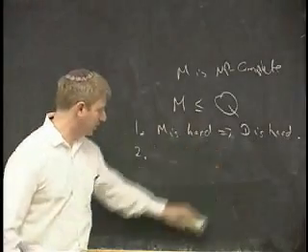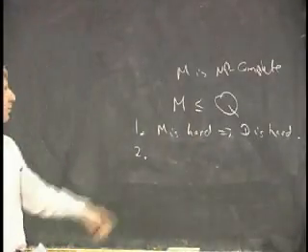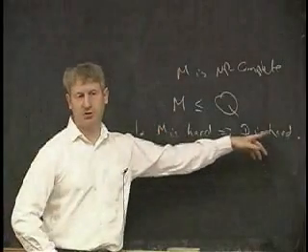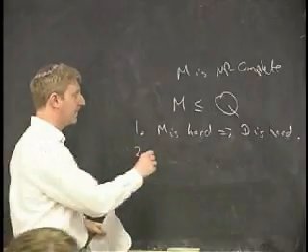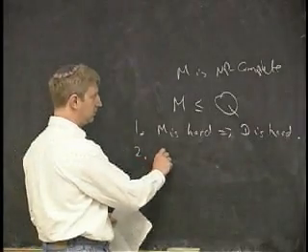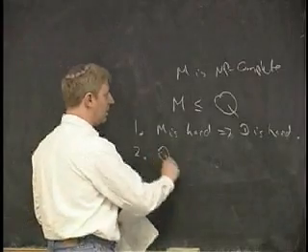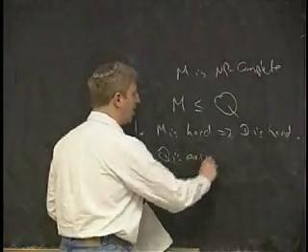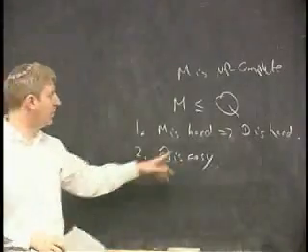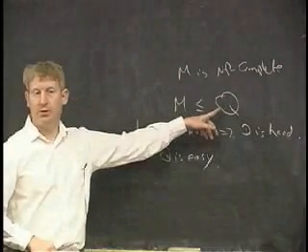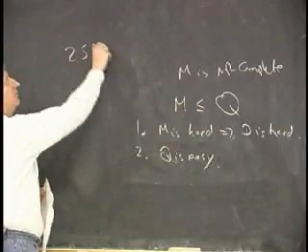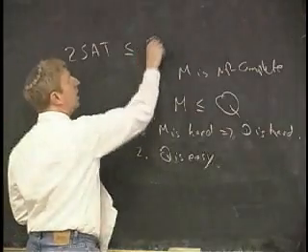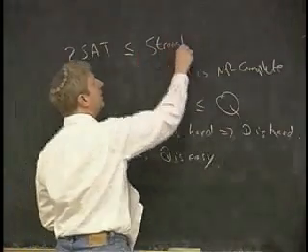So what can you do? You reduce hard things to your unknown things. That shows they're hard. What else can you do? The other way to do it. Let's say you reduced M to Q and you knew that Q was easy. We did an example of that yesterday. We reduced 2-satisfiability to strongly connected components.